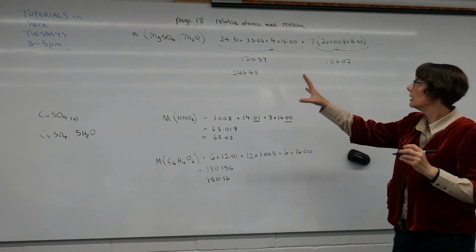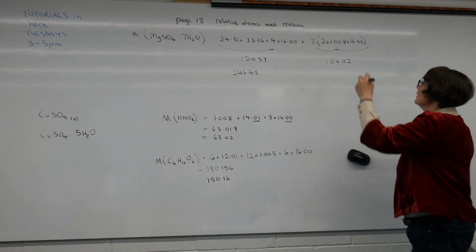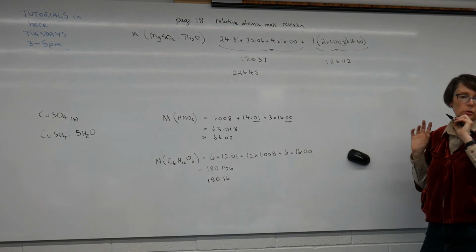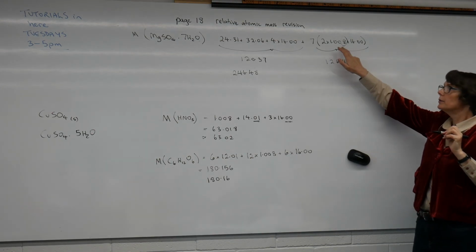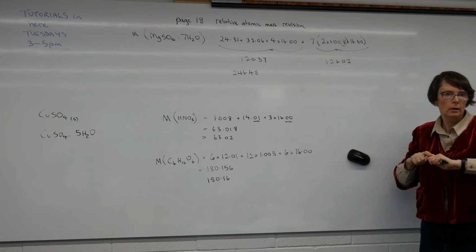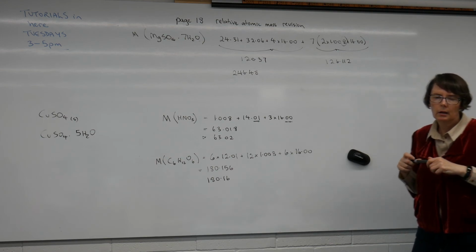Okay, so because I'm adding them, I'm only going to end up with an answer to 2 decimal places because only one of the values goes to 3. So what's the difference between sig figs and decimal places?